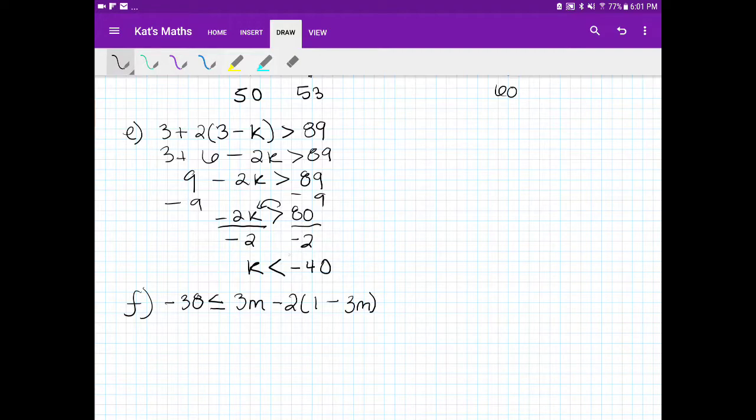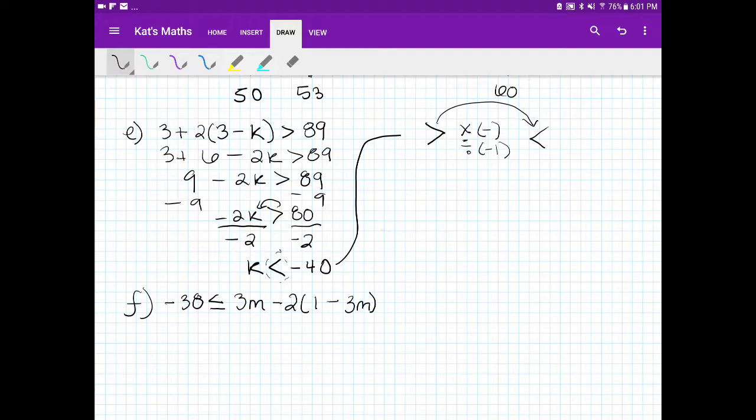So just to reiterate, if you're dividing or multiplying by a negative number, that sign flips. So this guy was a greater than, and we divided by a negative, so it flipped over into a less than.